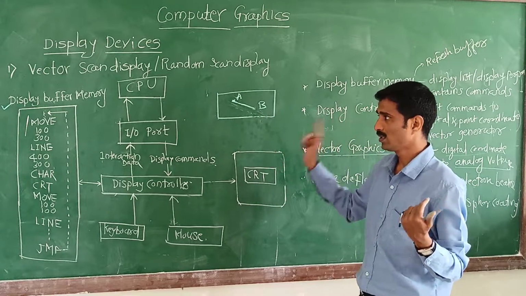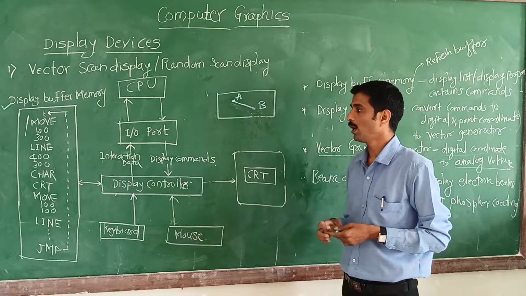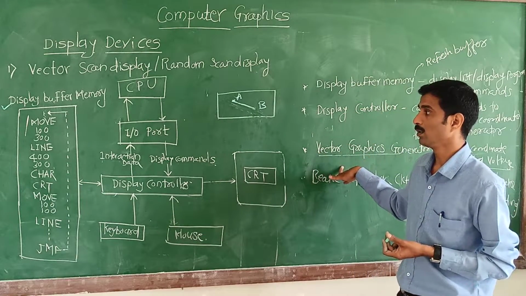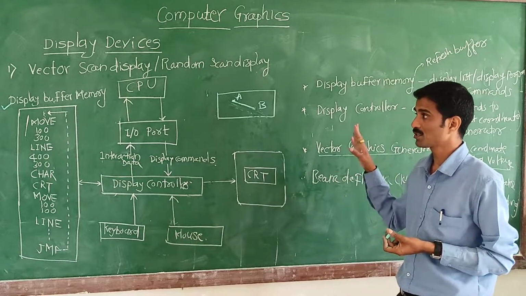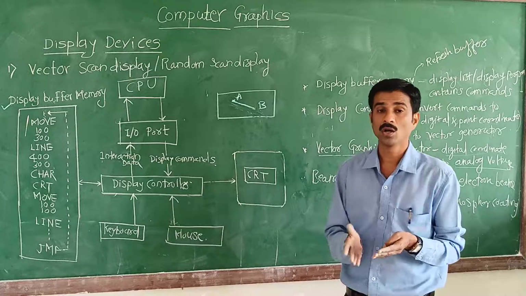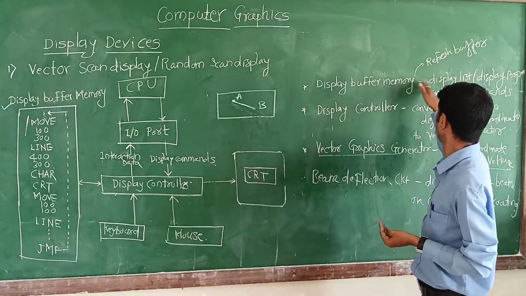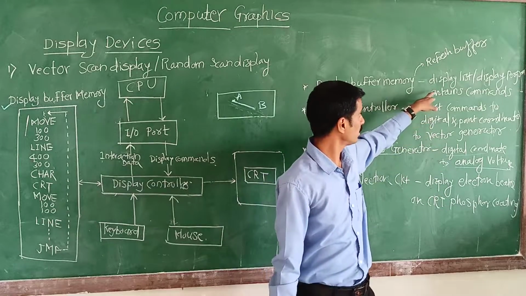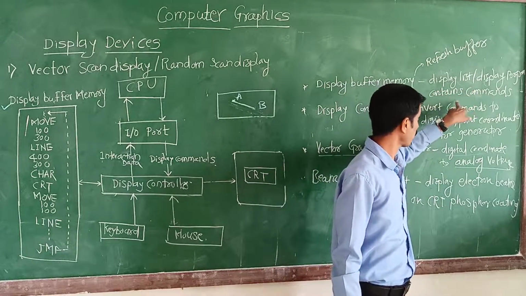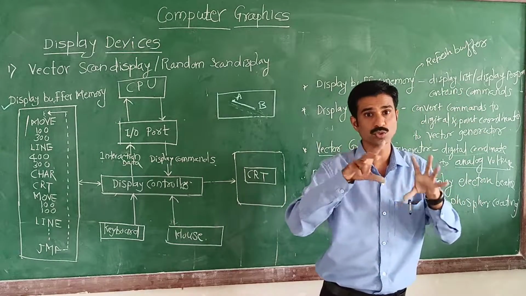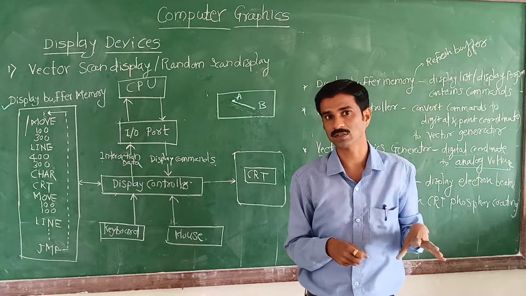Then this vector display has four important parts. First is the display buffer memory. It will contain the display list or display program. The display list or display program contains different commands, and those commands are used to draw something on the display device.